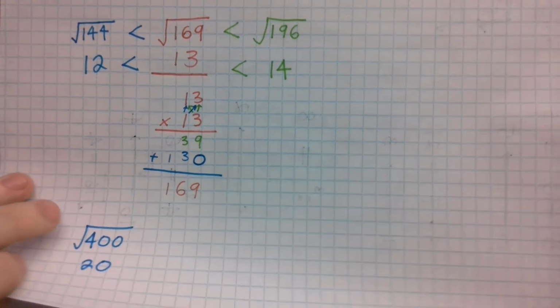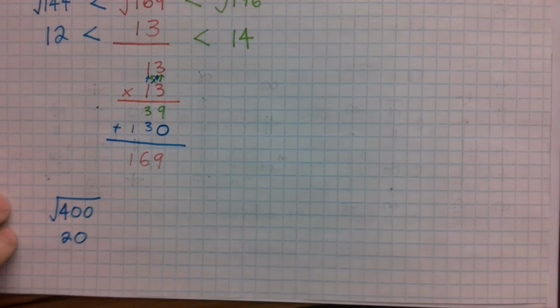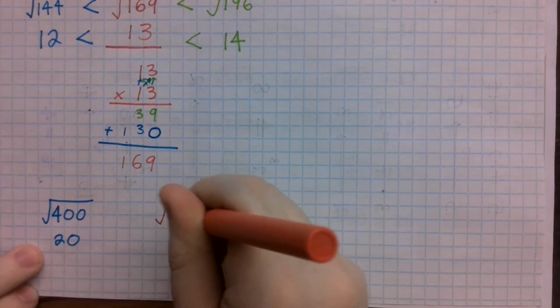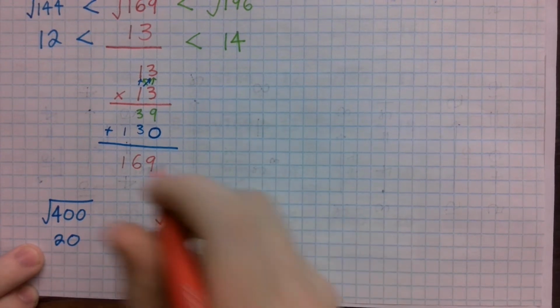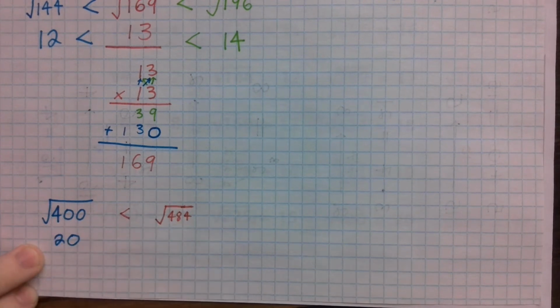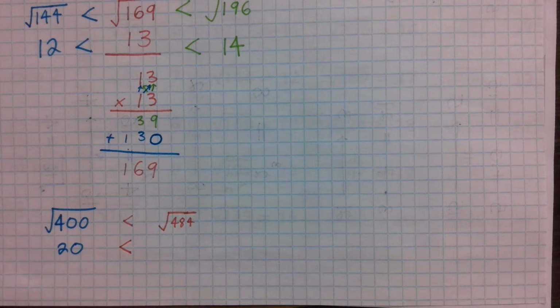Yet at the same time, we wanted to figure out what the square root of 484 is. Well, 400 is very close to 484. We know that the square root of 400 is less than the square root of 484, so our answer has to be bigger than 20. Why not guess 21? Let's see what happens.